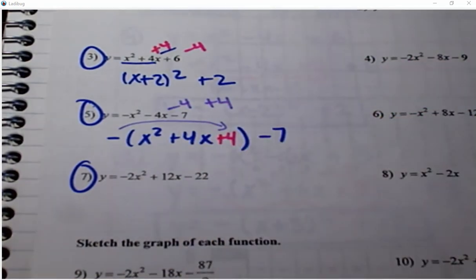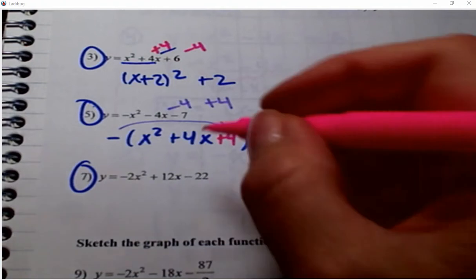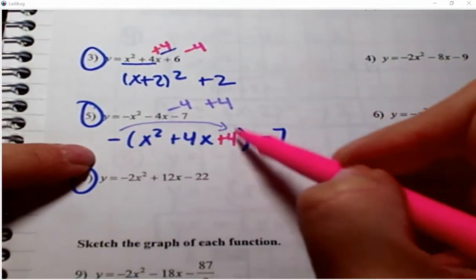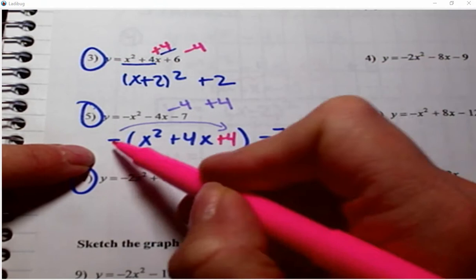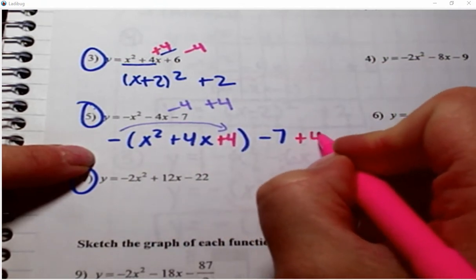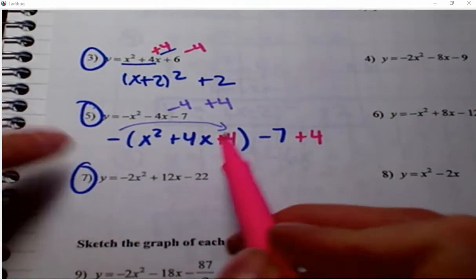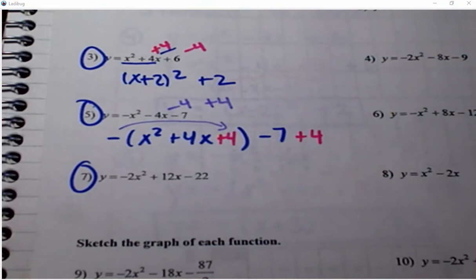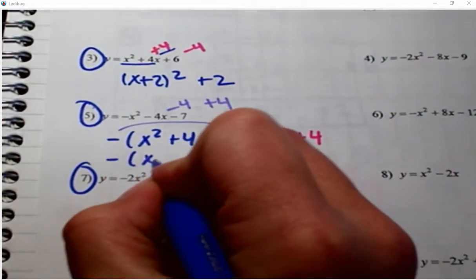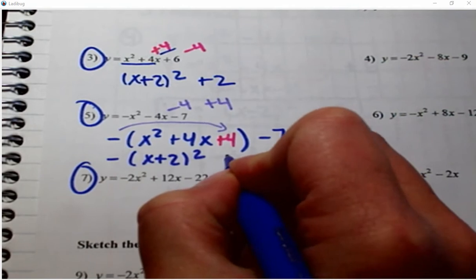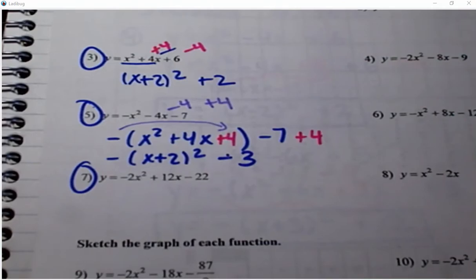It doesn't matter which one's positive or negative, but they have to be opposites. So the one that's first is really the minus 4, so this one has to be plus 4. See that negative? That's what's changing the sign. And then I factor. Minus 3.